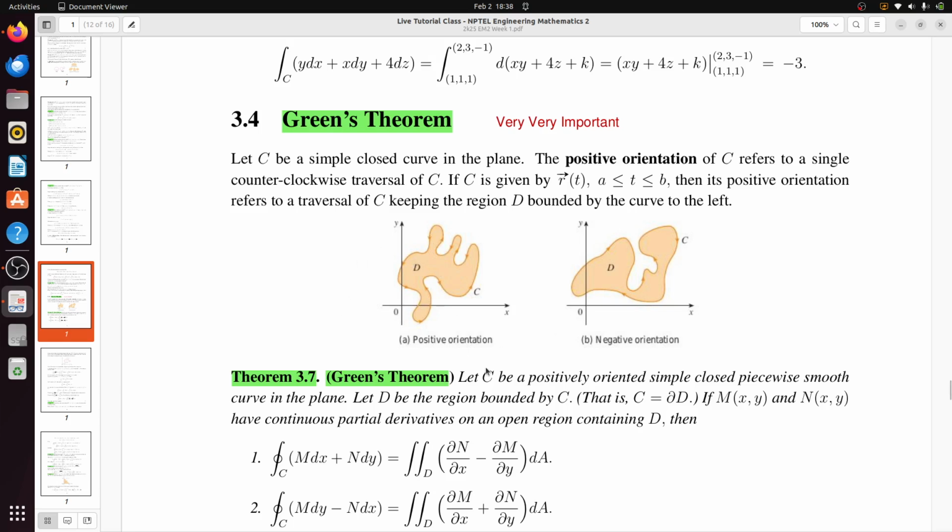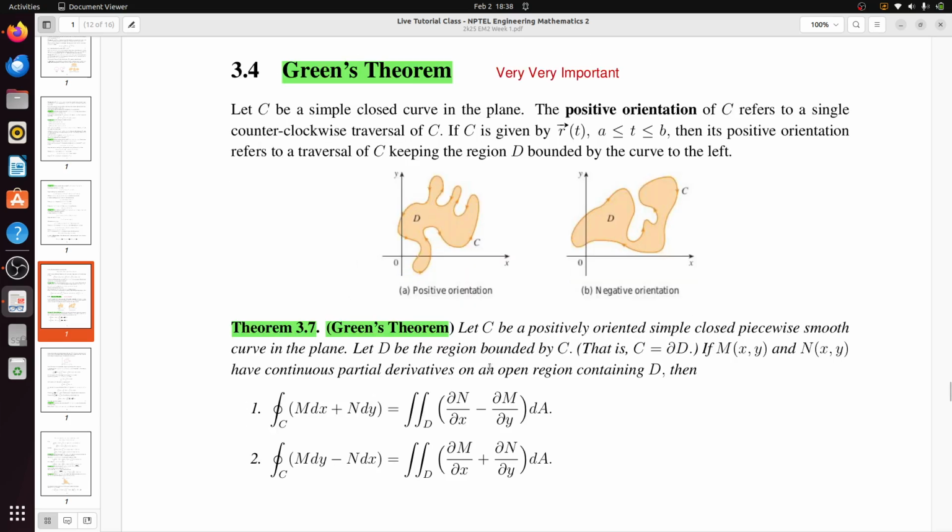Now what is Green's theorem? Let C be a positively oriented simple closed piecewise smooth curve in the plane. See, it is a piecewise smooth curve in the plane. Let D be the region bounded by C. That means C is the boundary of D. Delta D means boundary.